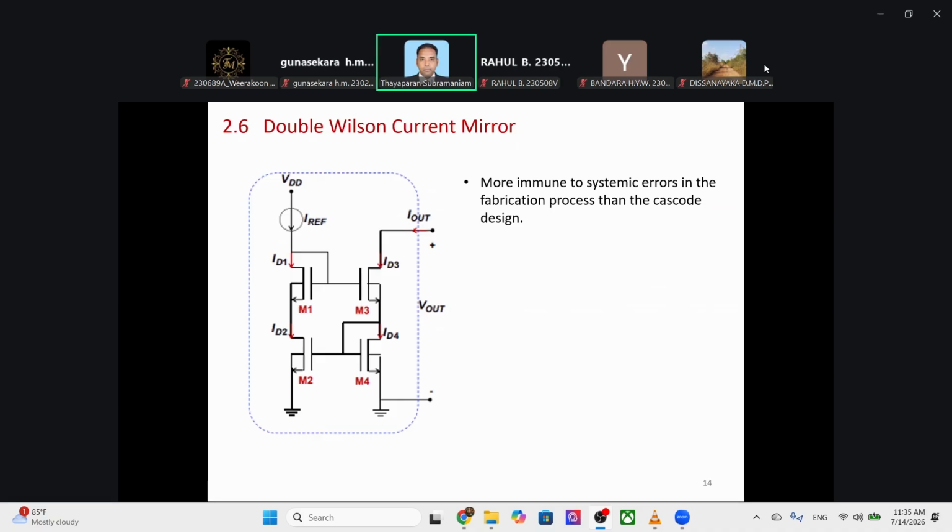Okay. So the variation in I reference, even though we have a low quality one here, is absorbed through these two transistors. That means variation in VDS. Remember, VDS is equal to VGS here.